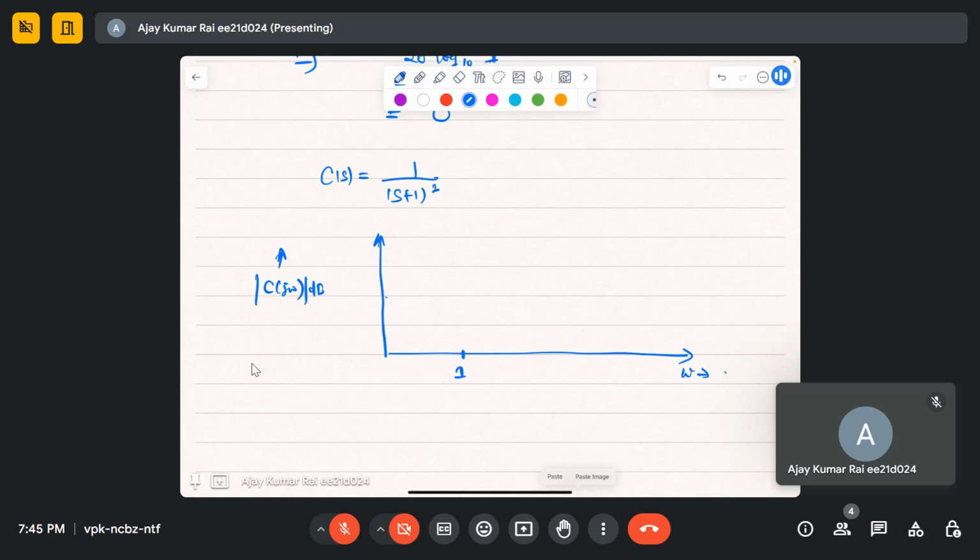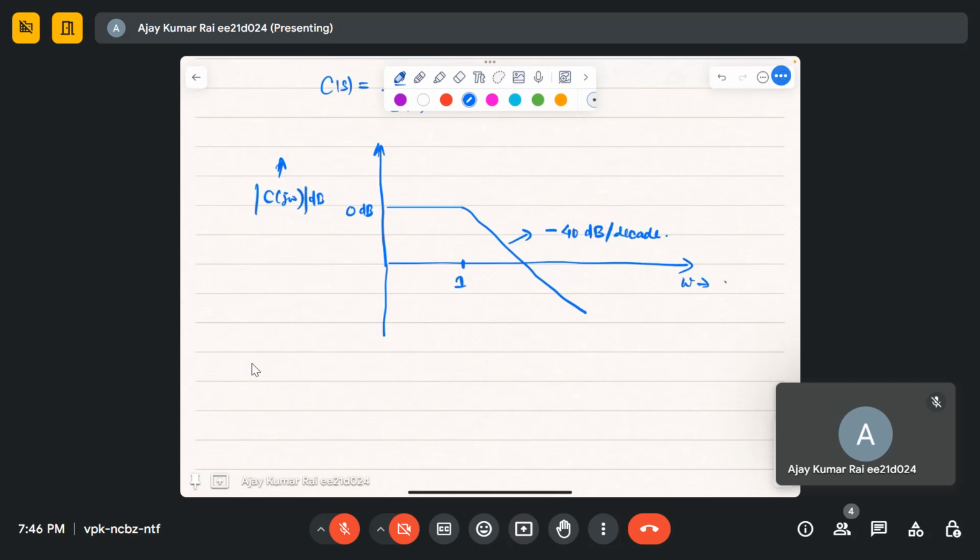So you'll get 0 dB, and the slope here is minus 40 dB per decade. What we have seen is how to calculate the slope for the high frequency region: minus 20 (n minus m) dB per decade.